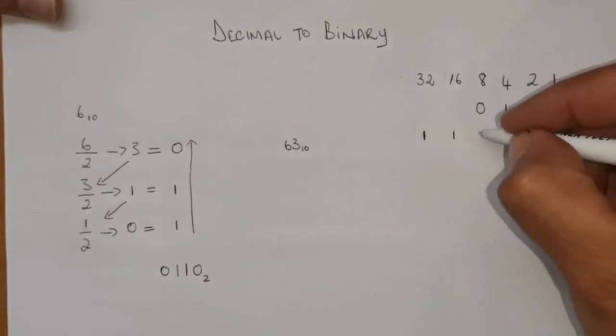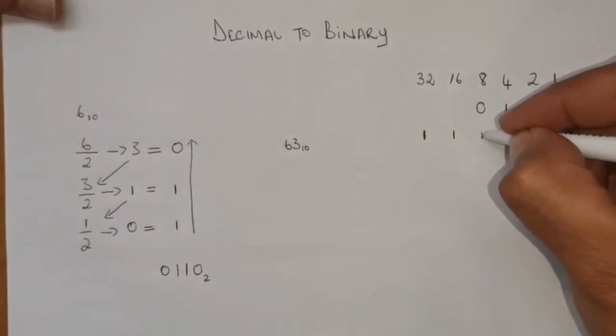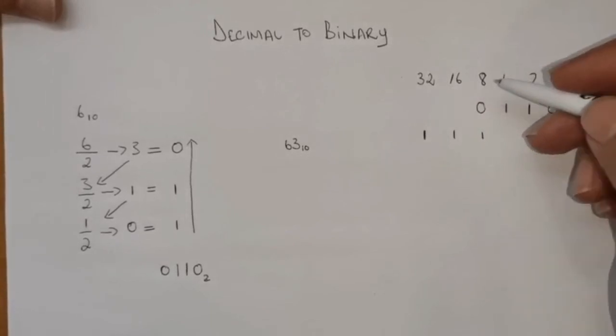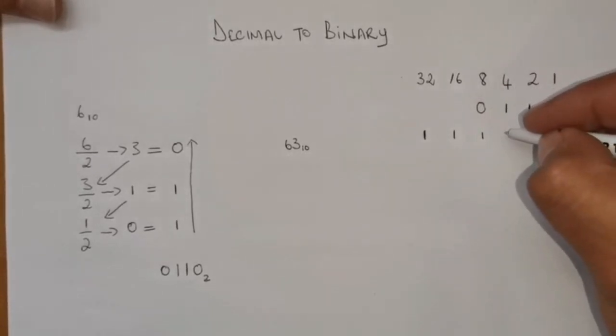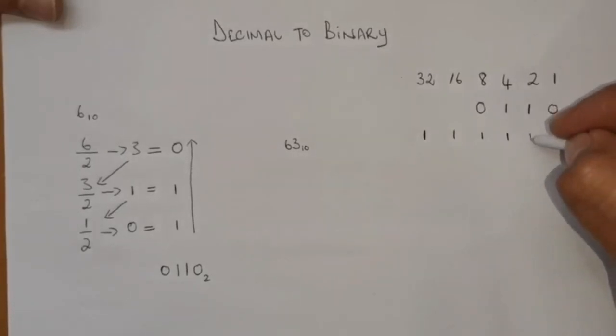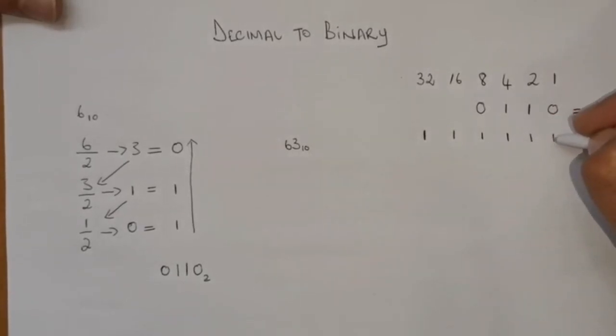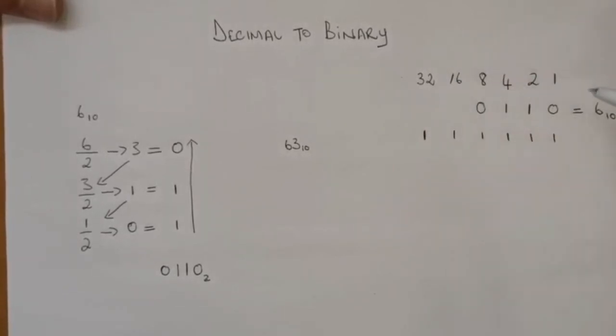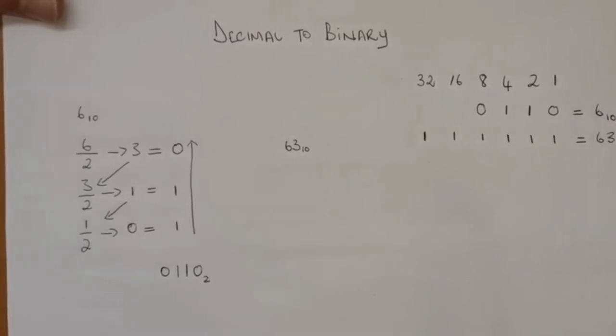I will also need the 8 because 48 plus 8 gives me 56. I'm going to need the 4, which gives me 60. I'm going to need the 2 and the 1, which means all of those numbers give me 63 to the base 10.